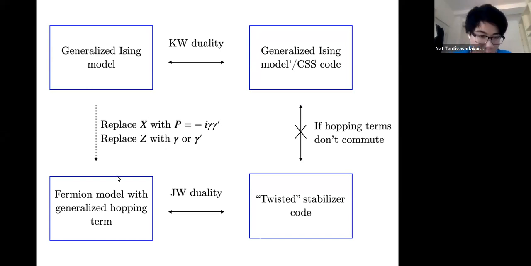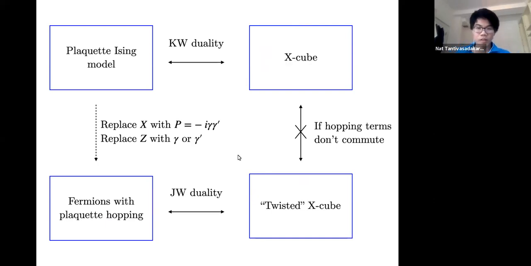And what you've done is now you've created a fermion model with a generalized hopping term. And from that, you can do a Jordan-Wigner duality to obtain a twisted version of this stabilizer code, or this topological order, that would be different from the original one if your hopping terms like this gamma gamma prime do not commute.